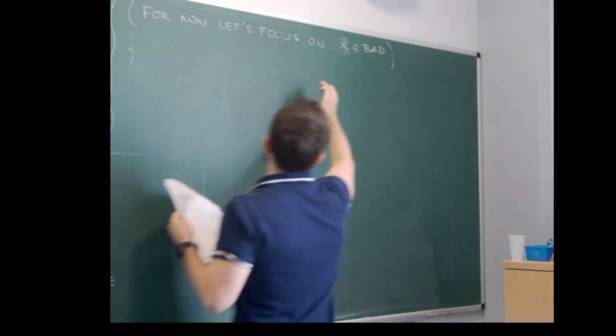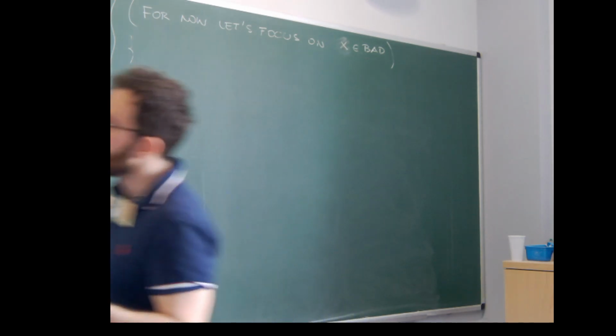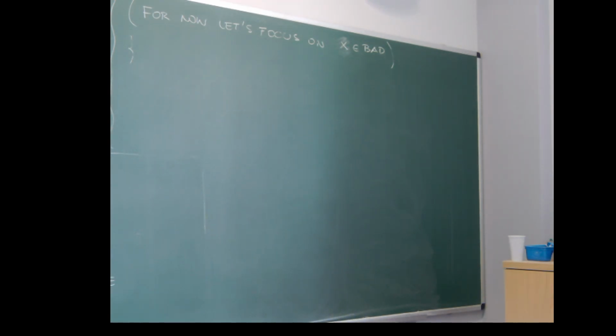So again, the correspondence says that x is badly approximable if and only if this thing here stays in a fixed compact set. But now if I see this as a lattice, I can apply Mahler's compactness criterion.